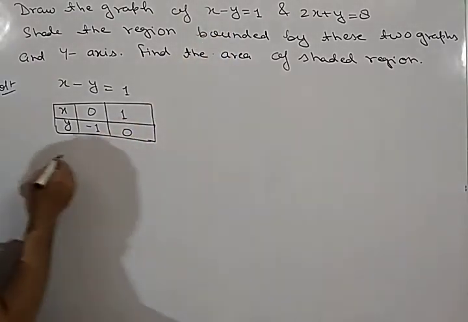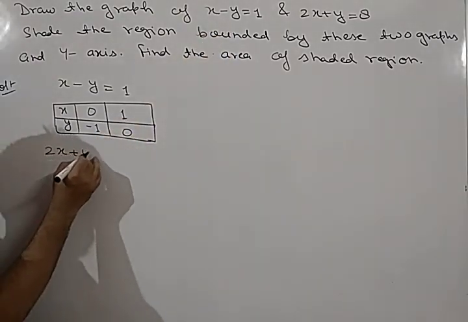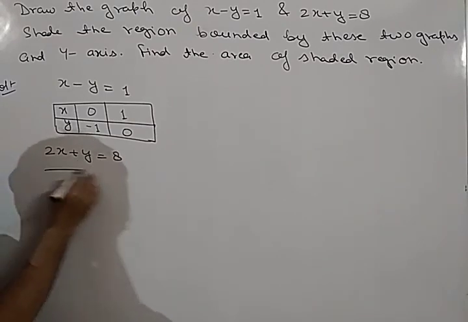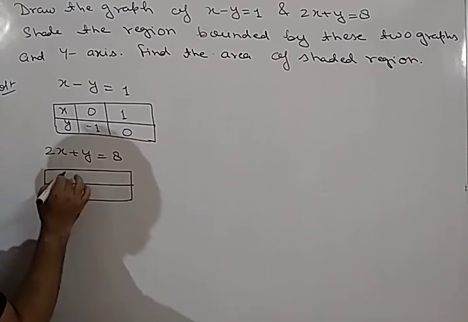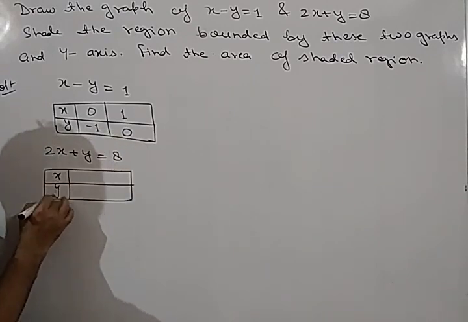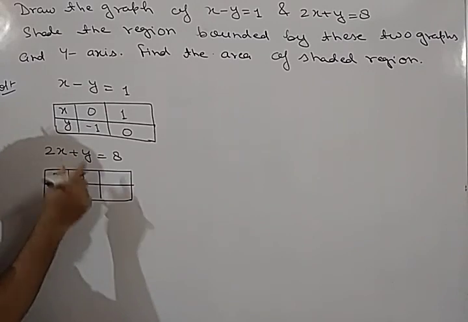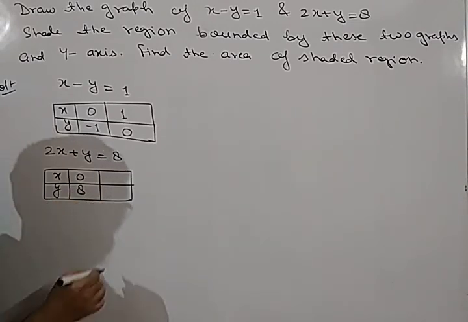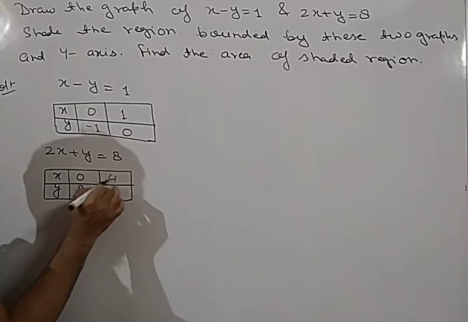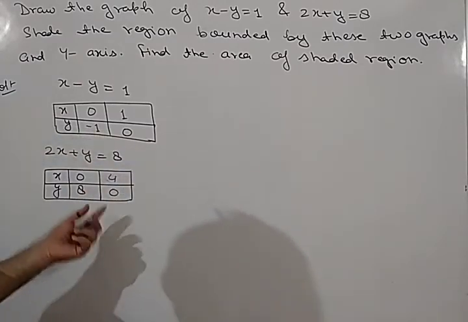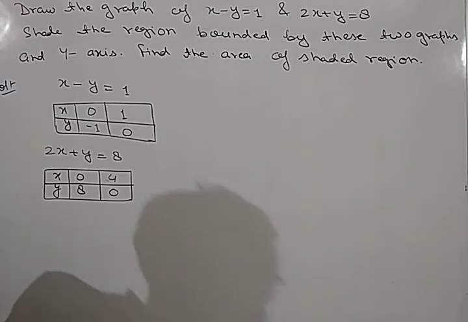Now take second equation. Second equation is 2x plus y is equal to 8. Again drawing the table for this, we get x and y. If we take x equal to 0, then y is equal to 8. If we take y equal to 0, then x will be equal to 4. So these are two ordered pairs for the second equation. Now let us plot the graph.